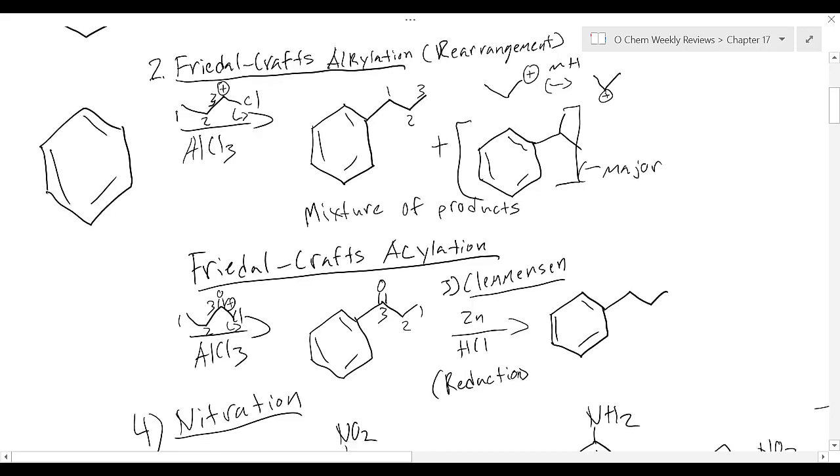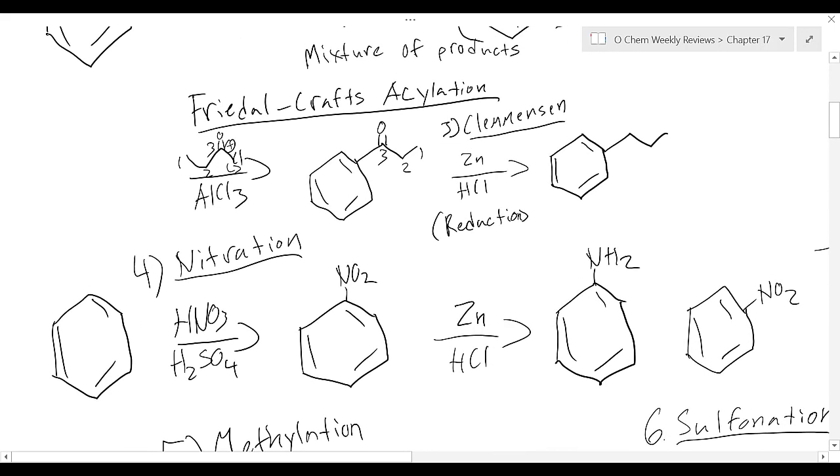Reaction number 4 is called nitration, and it's exactly how it sounds. We are nitrating our benzene ring using HNO3 as well as H2SO4. Alright, so that should be NO2 added. Now, if we want to reduce NO2 to NH2, we again have to use Clemmensen, which is again zinc and hydrochloric acid.